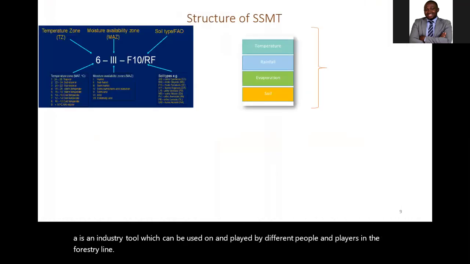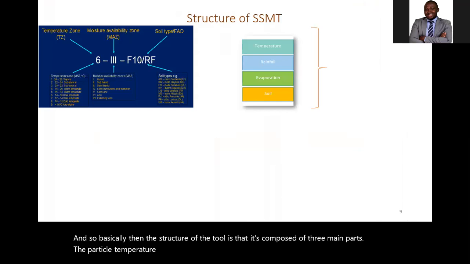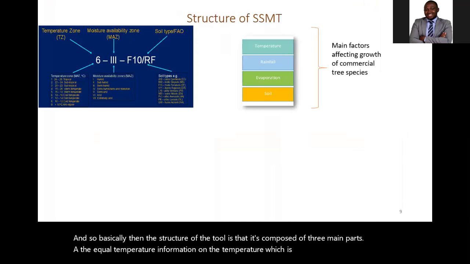So basically, the structure of the tool is that it's composed of three main parts. Information on temperature, which is a key and important factor, information on moisture, and information on soil.